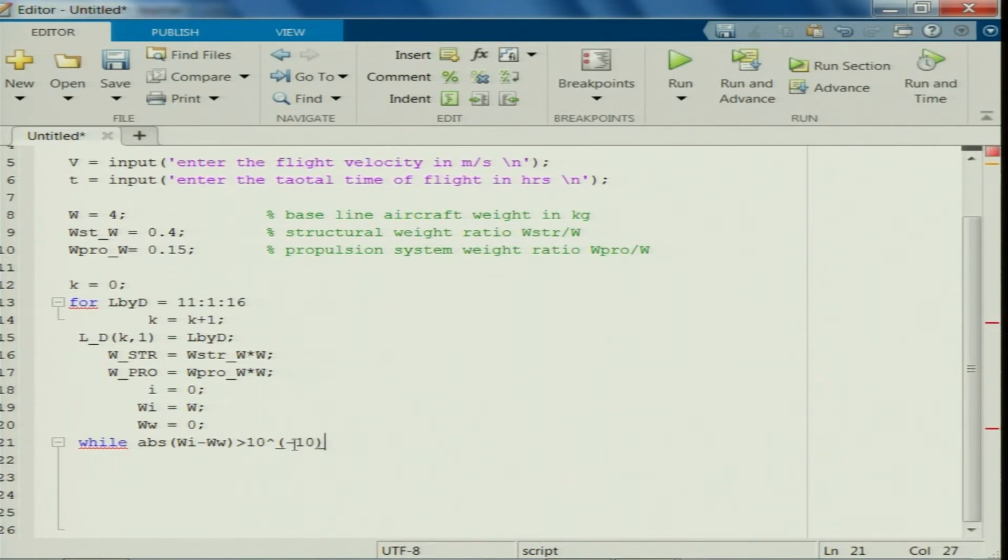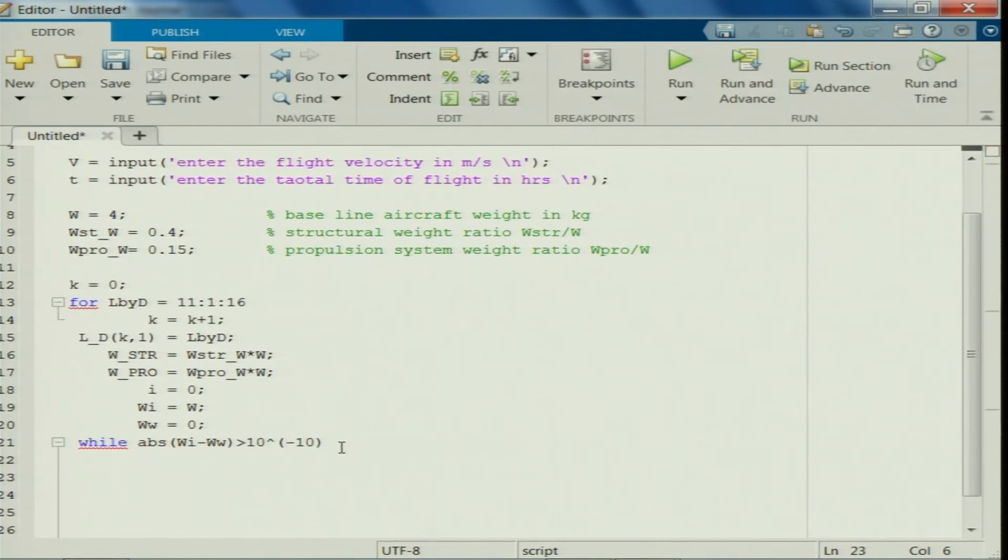So, this loop will break as soon as the error between the initial weight of the iteration and the final weight after that iteration is less than 10 power minus 10. Otherwise it will keep running.